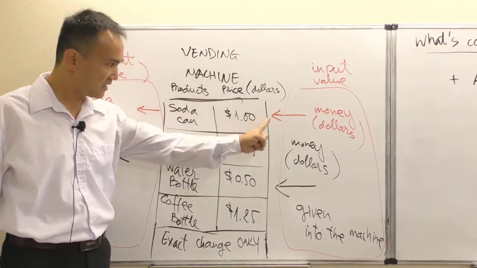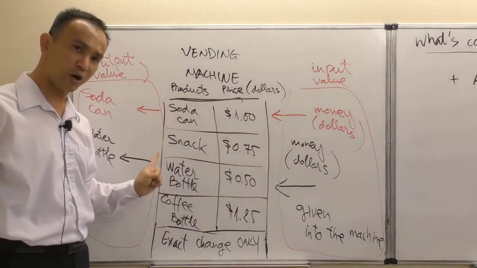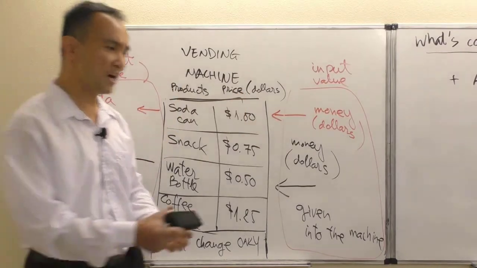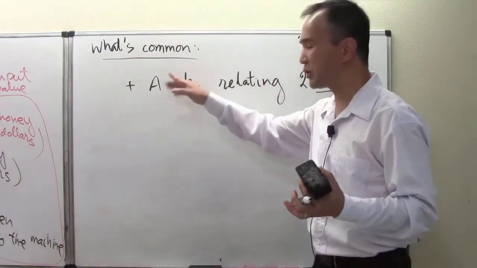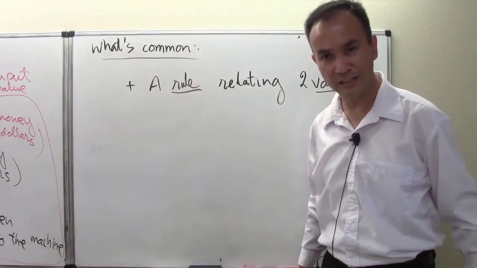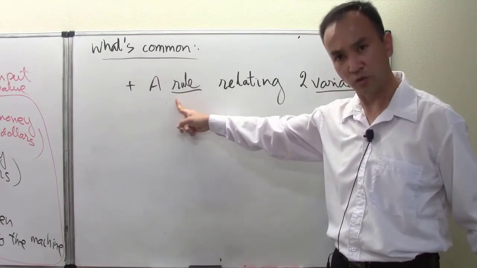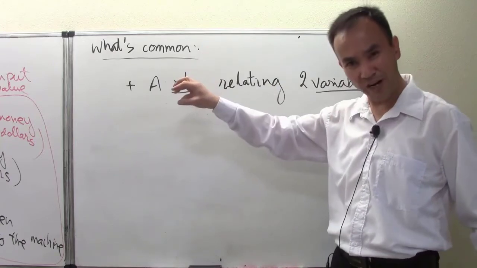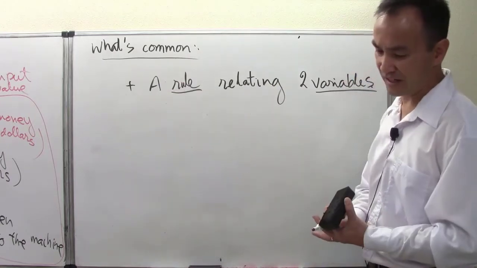So the input here is a variable, and this output here is also a variable. Input is a variable, output is a variable. And that's why, back to what I said about what's common among these three problems I brought up, there was a rule relating the two variables, the input variable and the output variable.